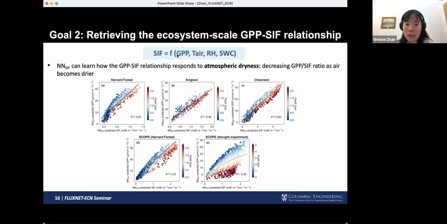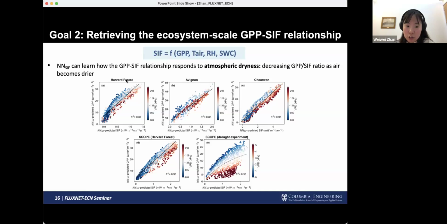Because we are estimating SIF as a function of GPP plus environmental inputs, by learning this function we can also learn how the relationship between GPP and SIF is associated with changing environmental conditions. The first point we find is regarding atmospheric dryness.